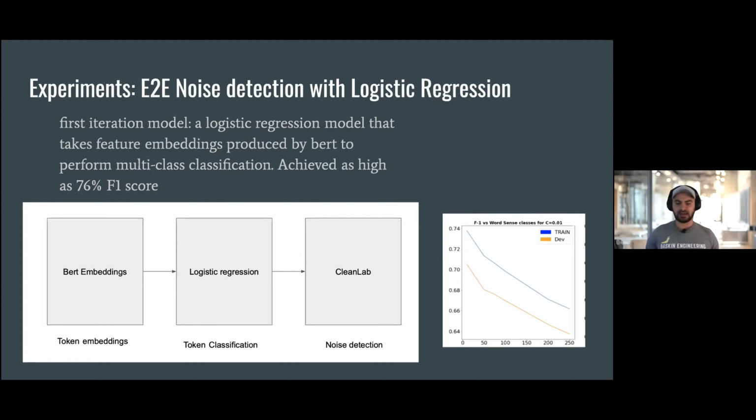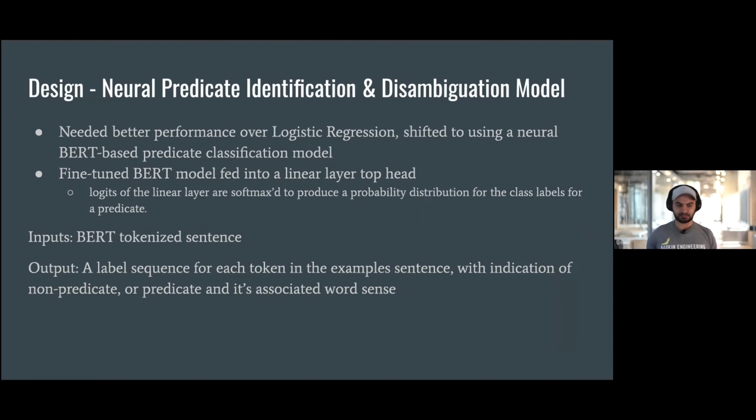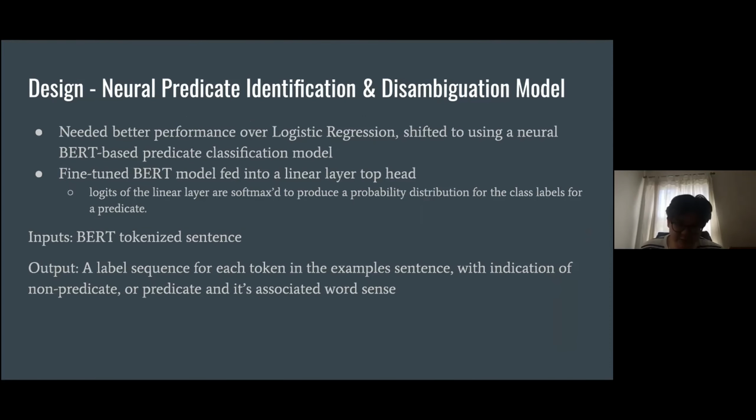With this baseline, we were able to get an accuracy or F1 score of around 76%. And on the right-hand side, we can see some of the graphs of our experiment in the grid search. Next slide, please.